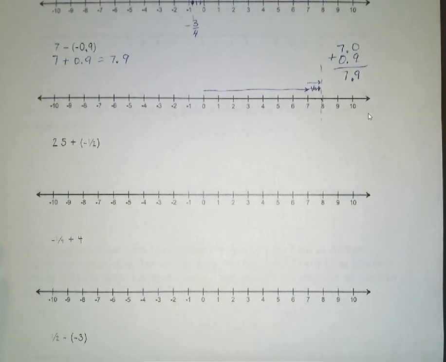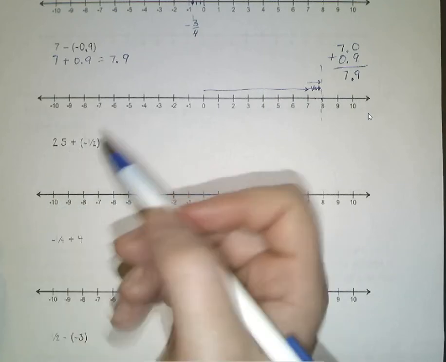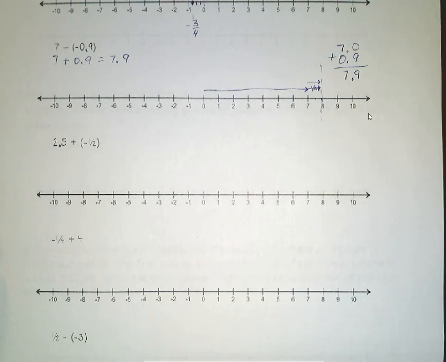Okay, next one is tricky because one is a decimal and one is a fraction. 2 and 5/10 plus negative 1/2. How can I rewrite that to make it easier for me?